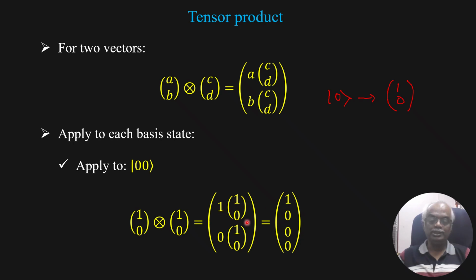You will get a column vector with four rows, that is (1, 0, 0, 0). So |00> is represented by the column vector (1, 0, 0, 0). Then we will move on to the next basis.